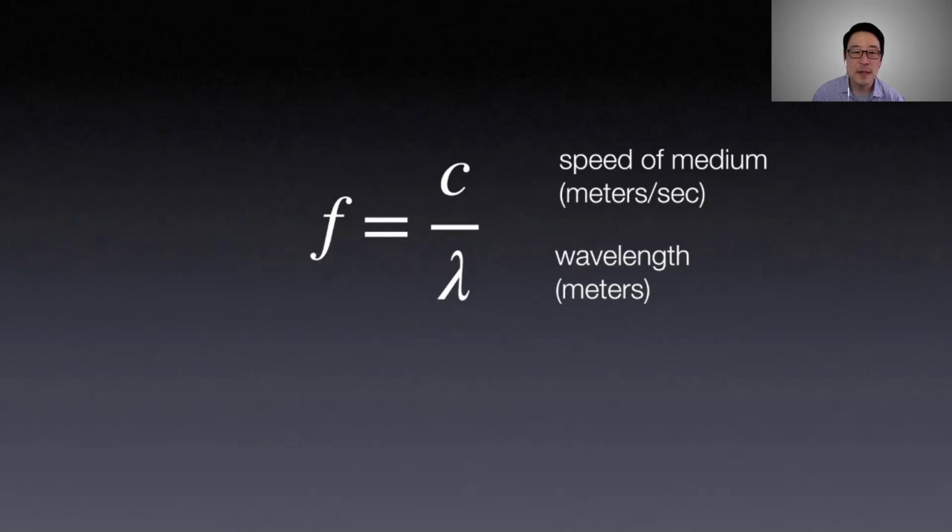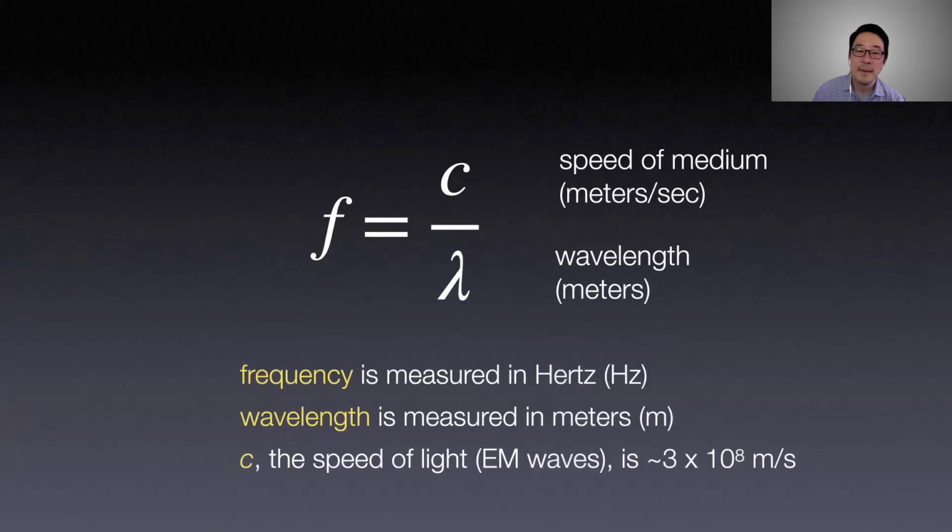So when we're talking about light and images, some of the units or some of the standards that we use to represent things in images are slightly different. So frequency is still very much in hertz, right? Cycles per second. Wavelength is a measure of distance, so we'll use meters for that.